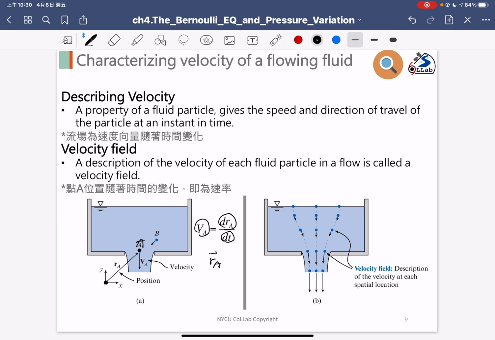So when we determine the velocity, what do we need? We need the magnitude of the velocity, and then we need the direction of the velocity.